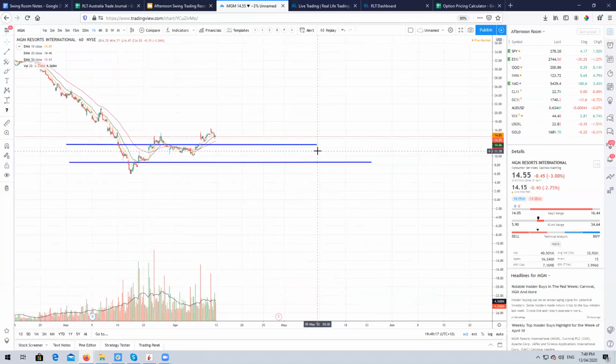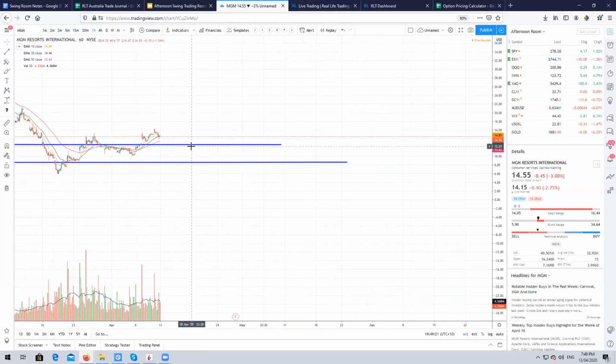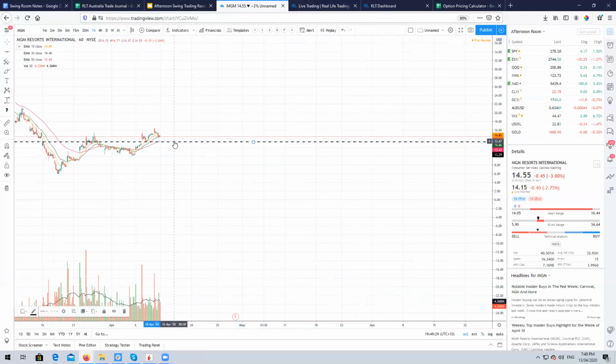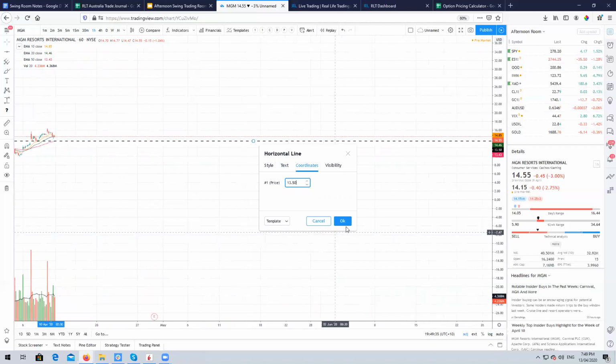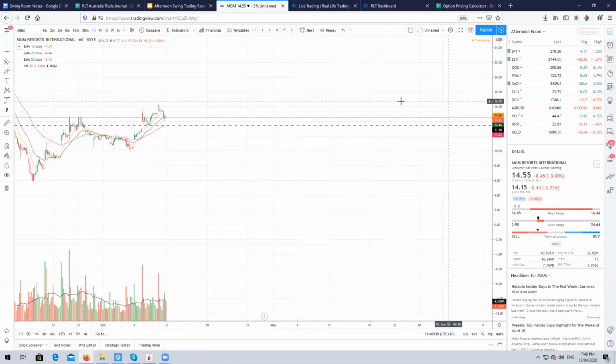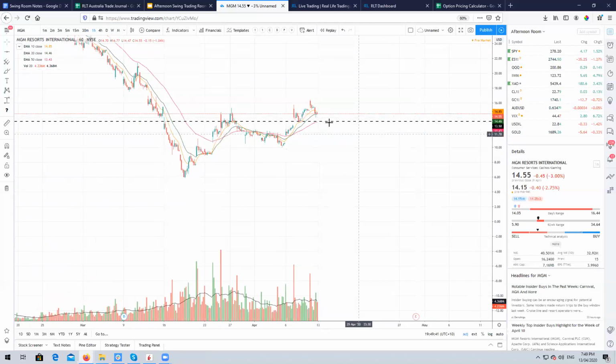So we'll keep our eyes on MGM as well. I'll put an alert on this one just at the 50. I'll call it 1350. 1350, which is probably going to hit that tonight actually.